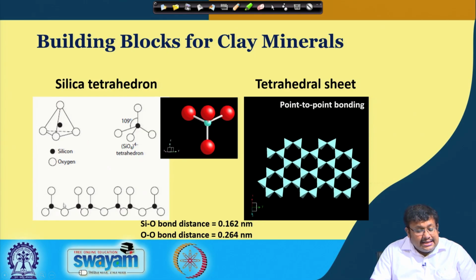When these individual silica tetrahedra share their oxygen between two adjacent tetrahedra, they form this sheet-like structure, and we call this a tetrahedral sheet. As you can see here, this is the individual silica tetrahedra 3-dimensional figure, and this is the tetrahedral sheet which is generated by sharing their points.